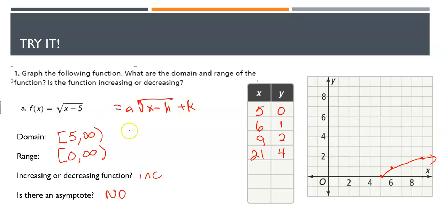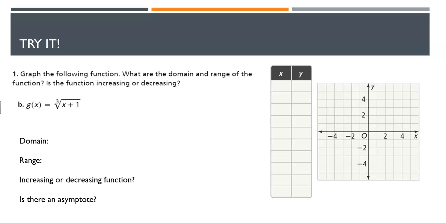So what do you have here? h is 5, and that's this point here, 5, 0. This is my h, and this is my k. And then k is 0, right? And a would be 1 on this one, so I'm not stretching it or compressing it.